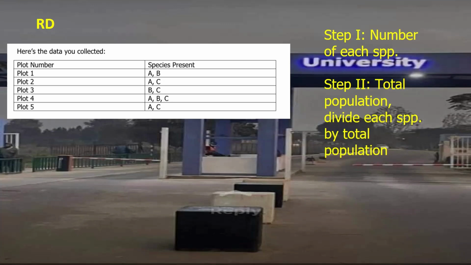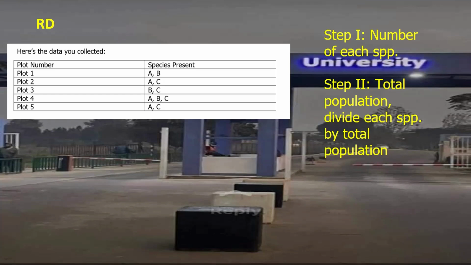So we have species A, which is 4, species B, which is 3, and species C, which is 4. So we finish step number 1: the number of each species is 4, 3, 4. Step 1 finished. Step 2, we calculate the total population, so we add that, which is 11.